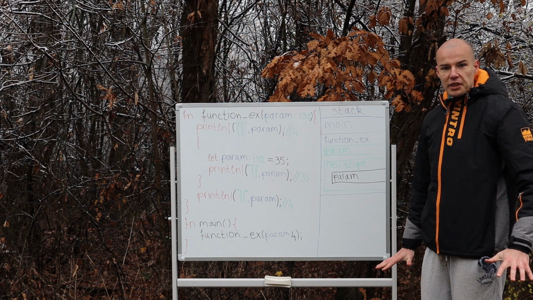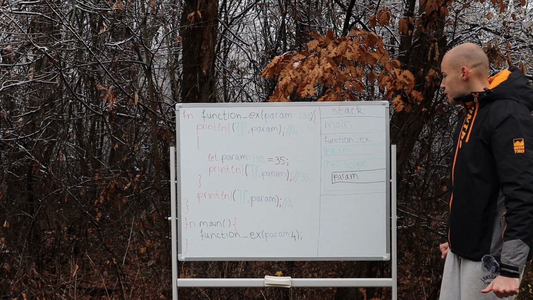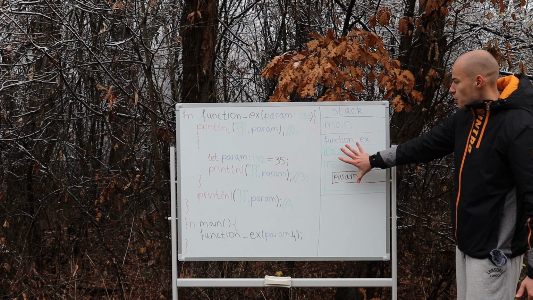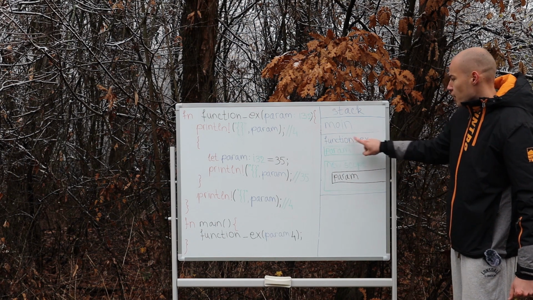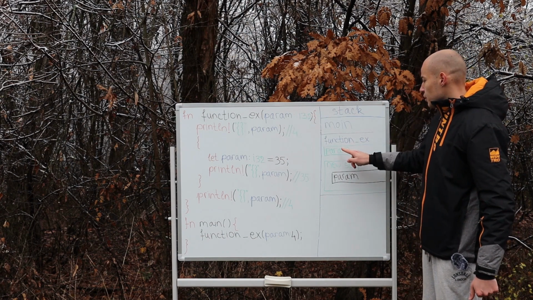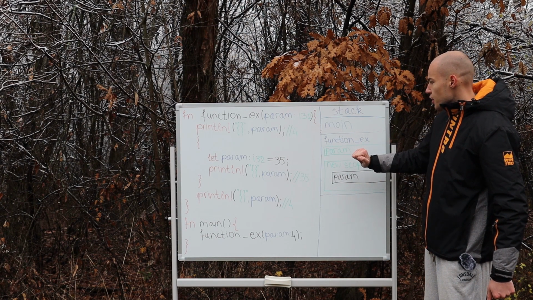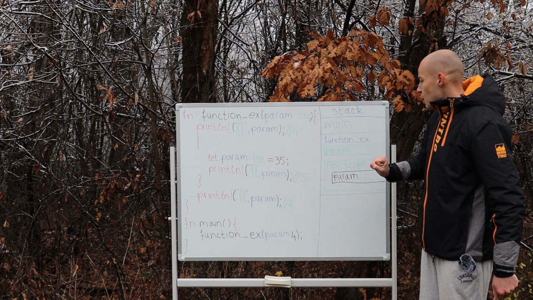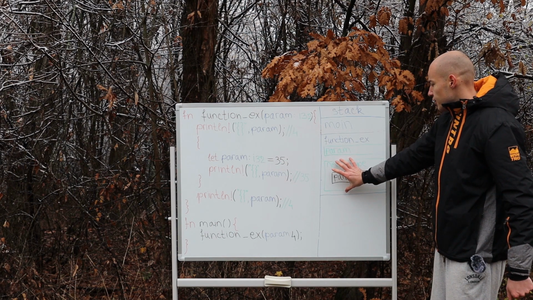Okay, let me explain what happened in our memory. The first thing is we have created this whole block of memory, which is allocated for our function example. And inside of it, we have this parameter variable, which is this one right here. And also we have this new scope of memory, which is going to be this right here.